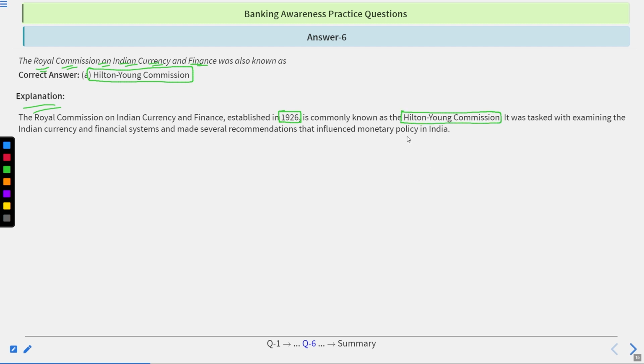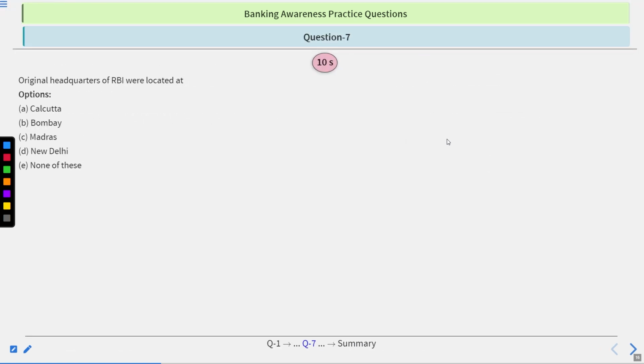It was tasked with examining the Indian currency and financial system and made several recommendations to influence the monetary policy in India. Got it? Question number 7.